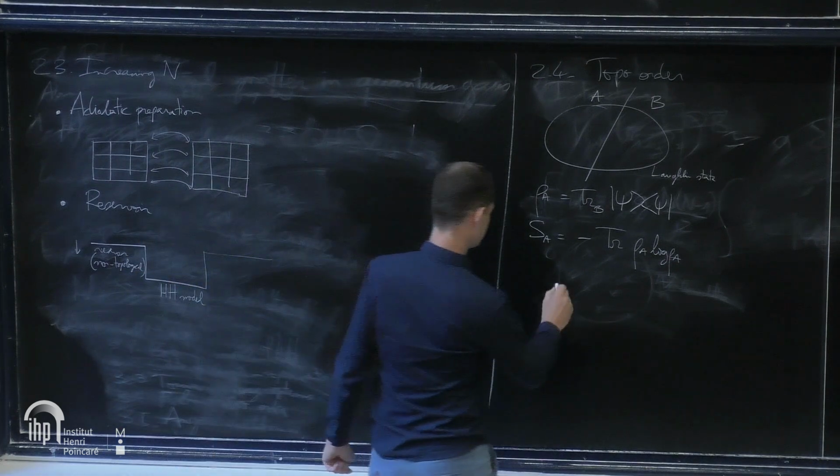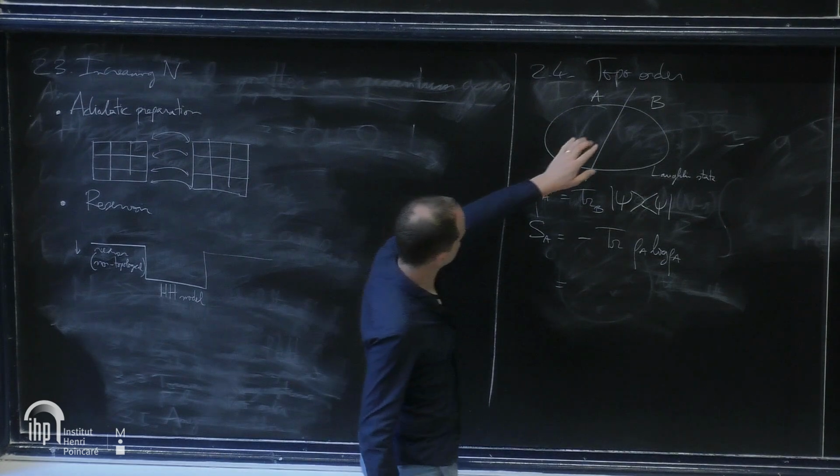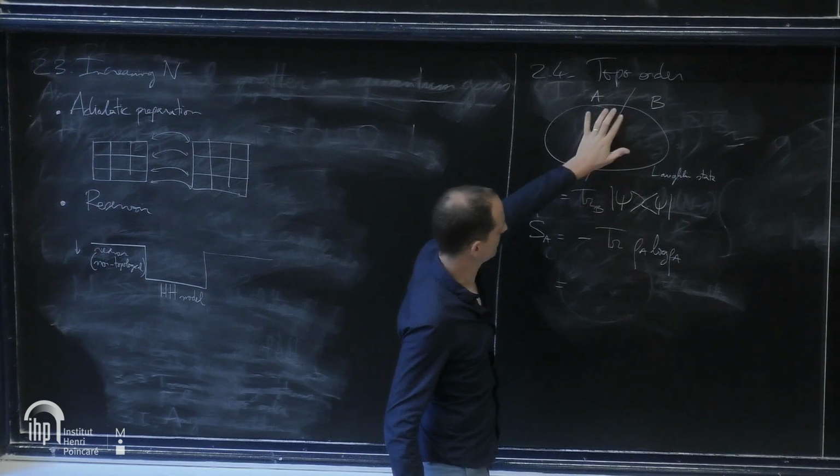And we expect that, if there was only short-range entanglement, the entanglement between A and B is concentrated around the cut here.